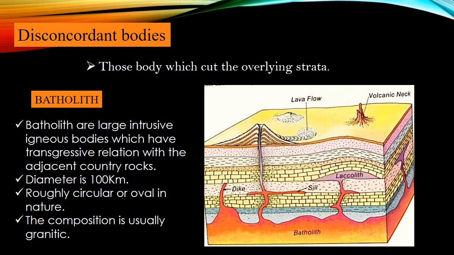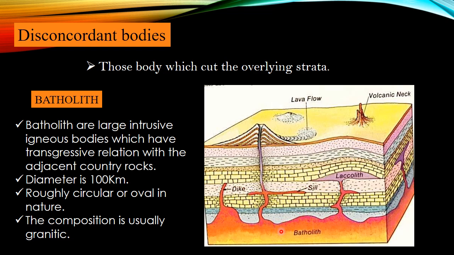First of all, discordant bodies or discordant igneous body. Those bodies which are formed by cutting the overlying strata of the rock formation, and the example of discordant bodies is batholith.